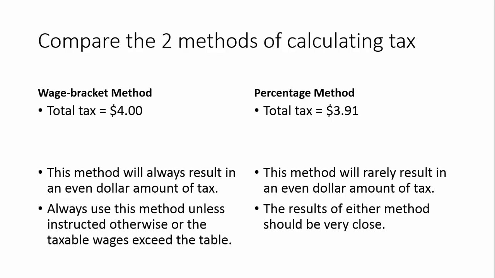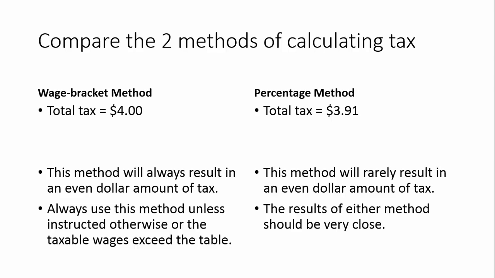Comparing the two methods, remember that with the wage bracket method, we had a total tax of $4, and with the percentage method, we had a total tax of $3.91. They are very close, as they should be. The wage bracket method will always result in an even dollar amount of tax, whereas the percentage method will rarely result in an even dollar amount of tax.